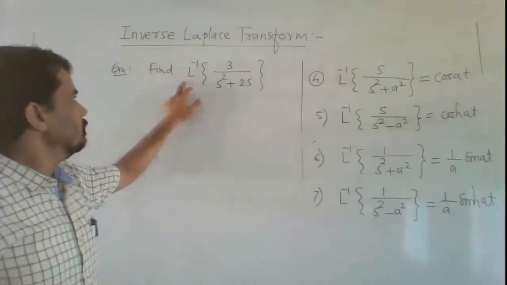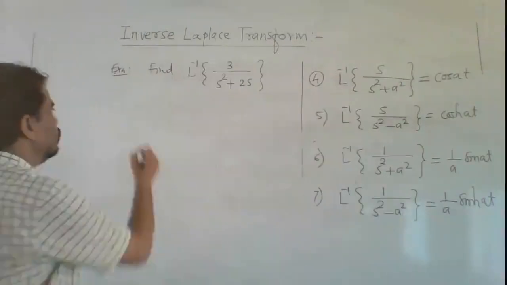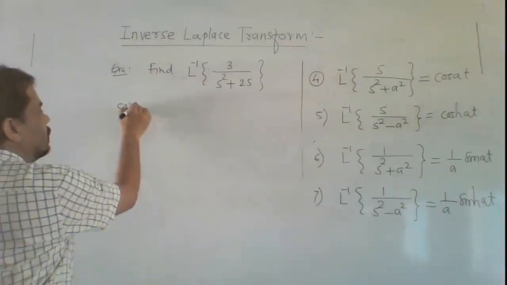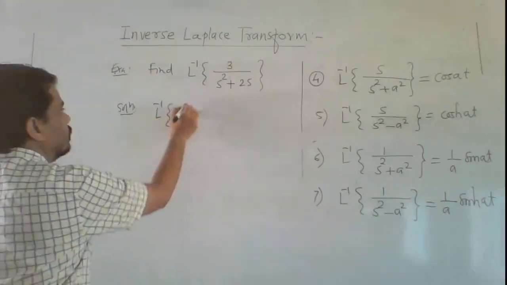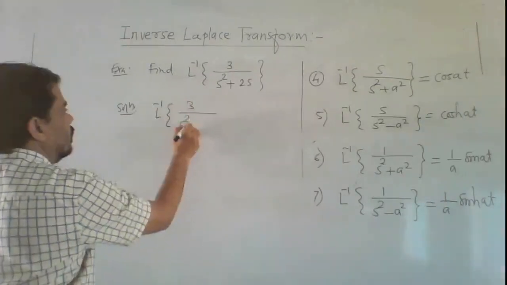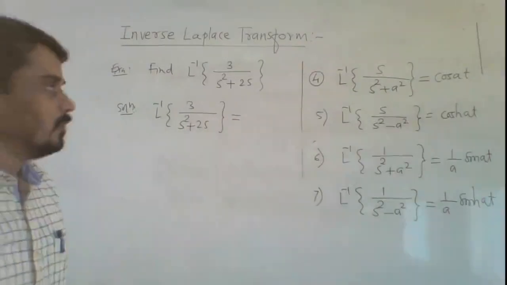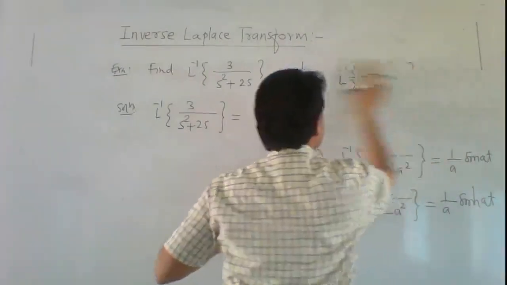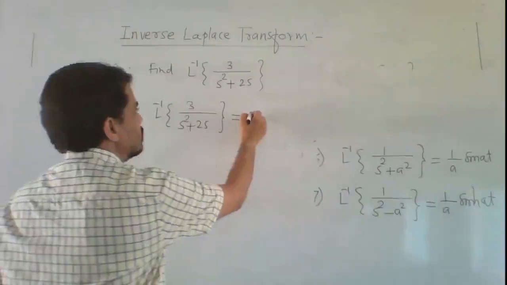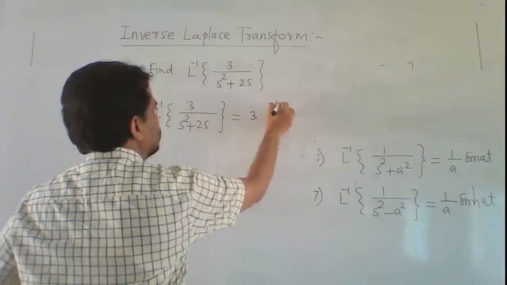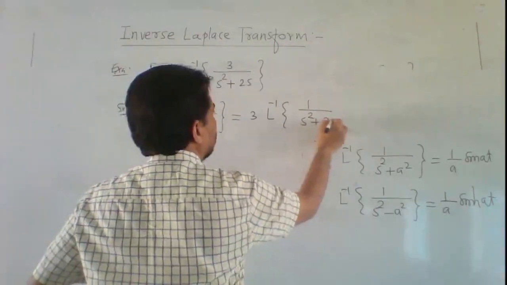So how to find the inverse Laplace transform? By using the formula, write that function in the standard form. It is written as 3 L inverse, 3 is constant, 1 upon s square plus 25.